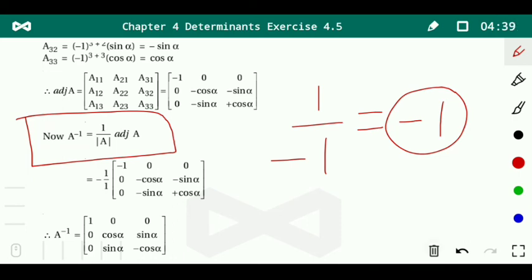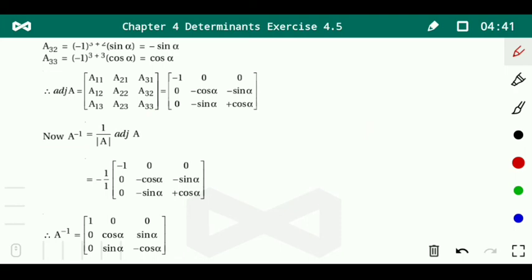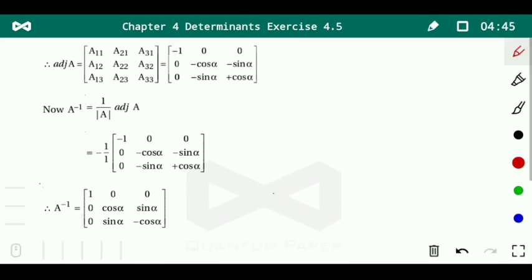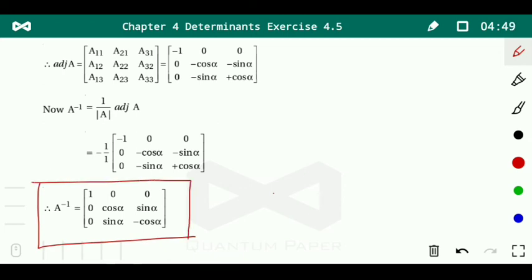Now simply we have to multiply by the minus sign. So our final answer is A inverse equals 1, 0, 0, 0 cos alpha sin alpha, 0 sin alpha minus cos alpha. So it gives the inverse of A.